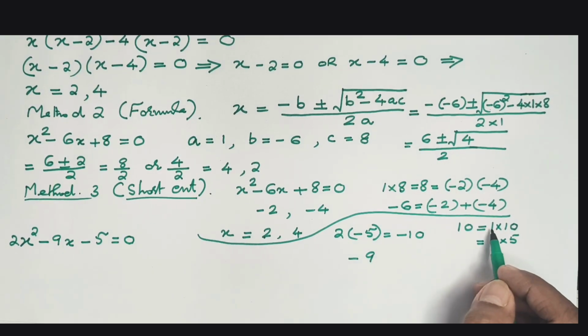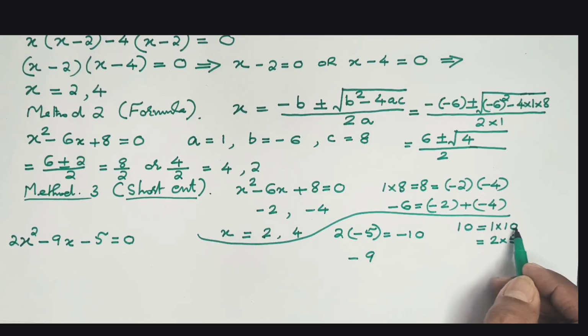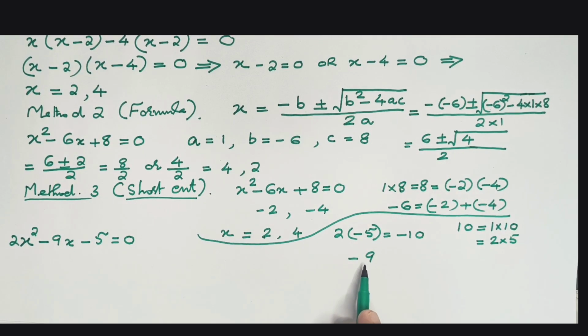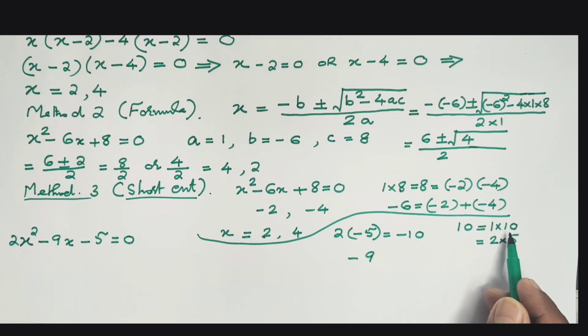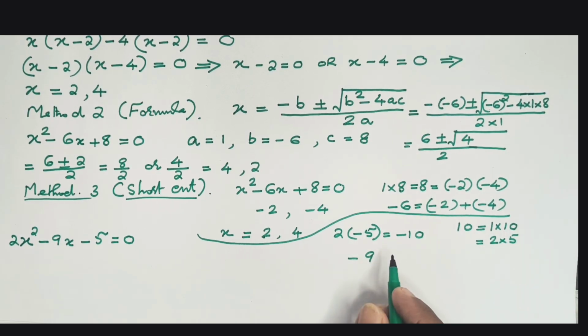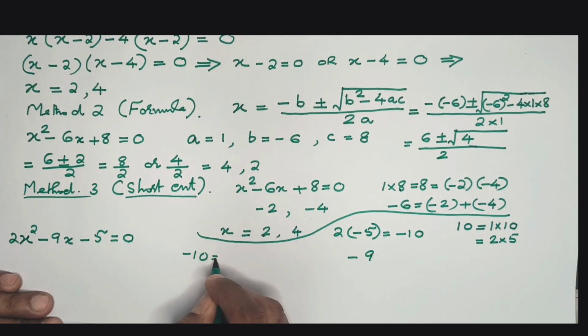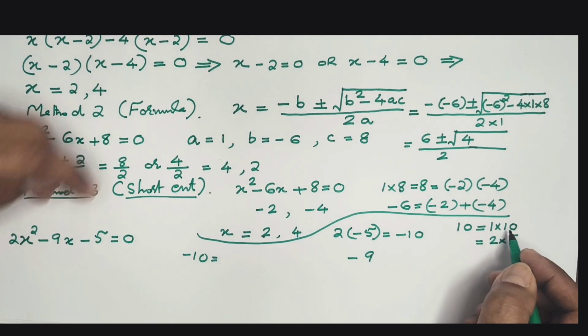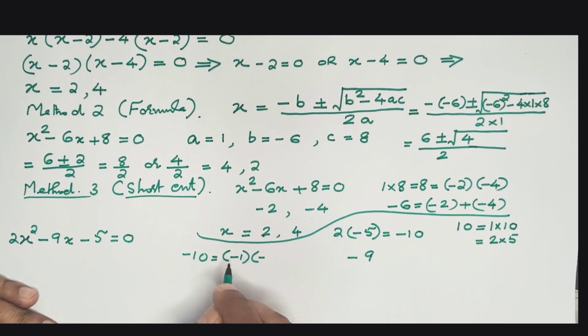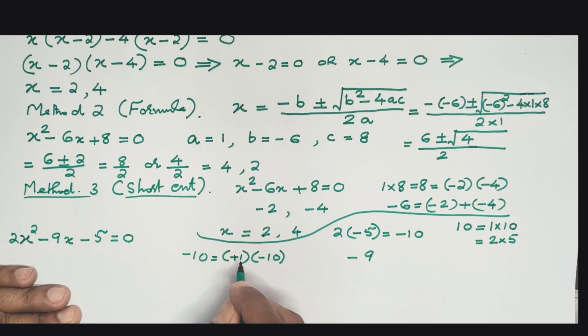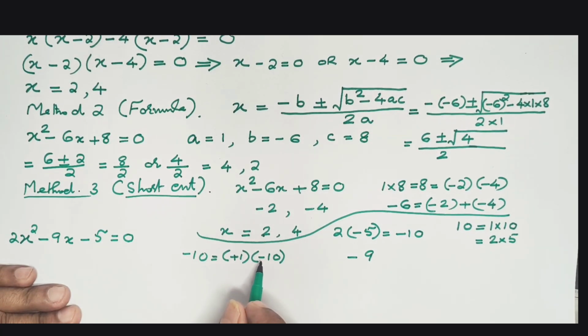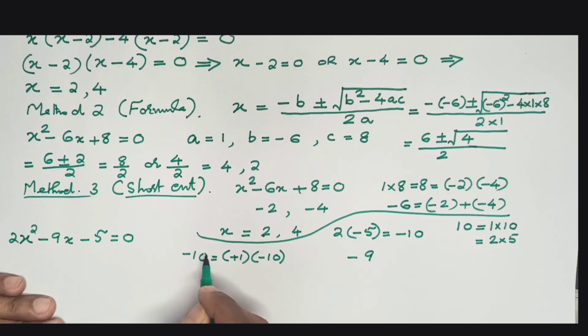Now, if you combine 1 and 10, either the sum or the difference should be this number, 9. And that is possible actually. If you take minus 10, if you take this factorization, you take the product of these two. Since there is a minus sign, one should be plus and the other should be minus. So what do you have?